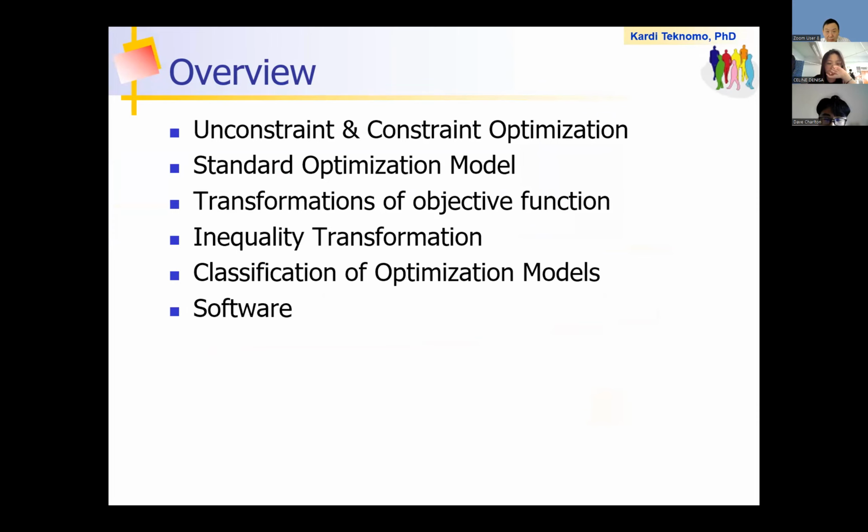You need to be able to transform the objective function, for example, from maximizing into minimizing. You also need to be able to transform the inequality into equality. At the end of this lesson, we want to classify several optimization models and discuss some software.